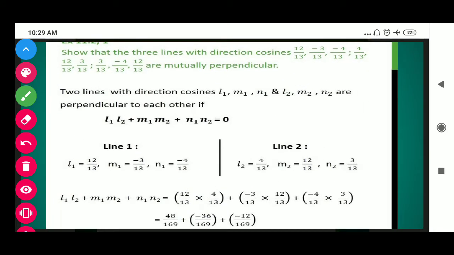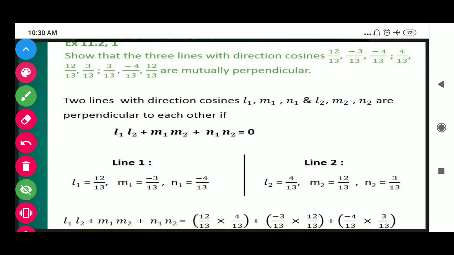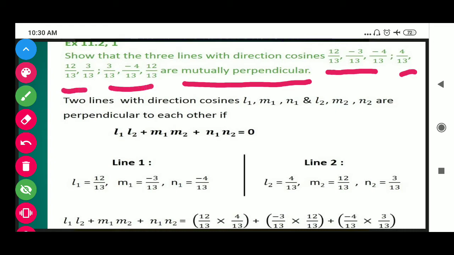Show that the three lines with direction cosines are mutually perpendicular. We have the direction cosines of the three lines: 12 over 13, minus 3 over 13, minus 4 over 13 are the direction cosines of line 1. In the same way, these are the direction cosines of line 2nd and 3rd.